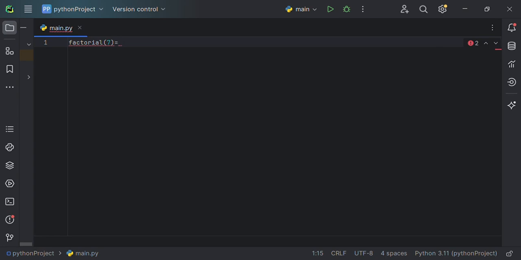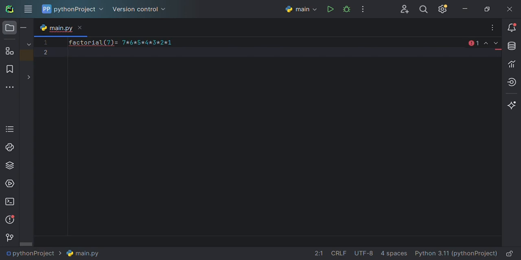Factorial 7 actually means 7 multiplied by 6 multiplied by 5 multiplied by 4 multiplied by 3 multiplied by 2 multiplied by 1. This is the factorial of 7.